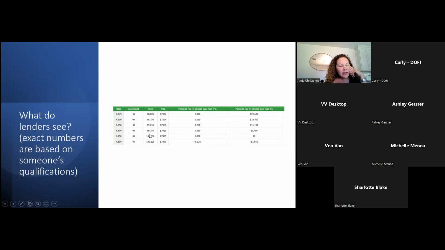But when lenders are looking, let's just say you have a buyer getting quotes from multiple lenders, and one lender says you're going to get 4.45 with no cost, or you're going to get 4 1/4 with a 2-point cost.